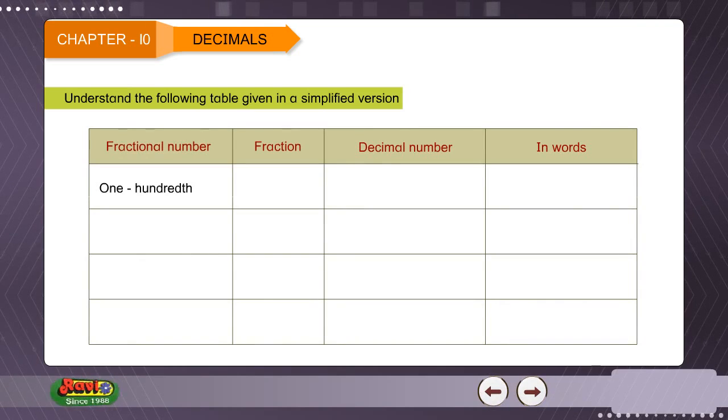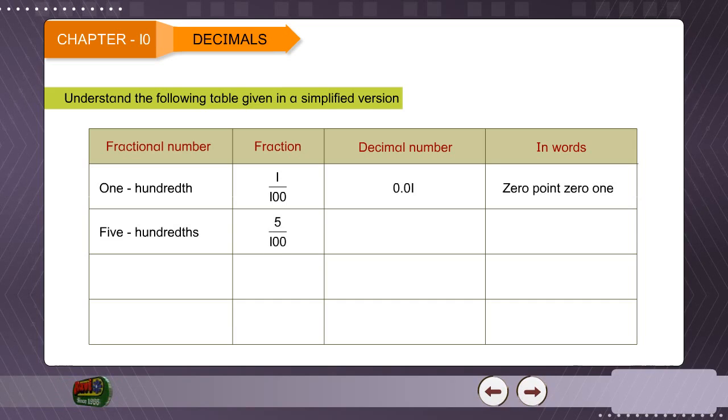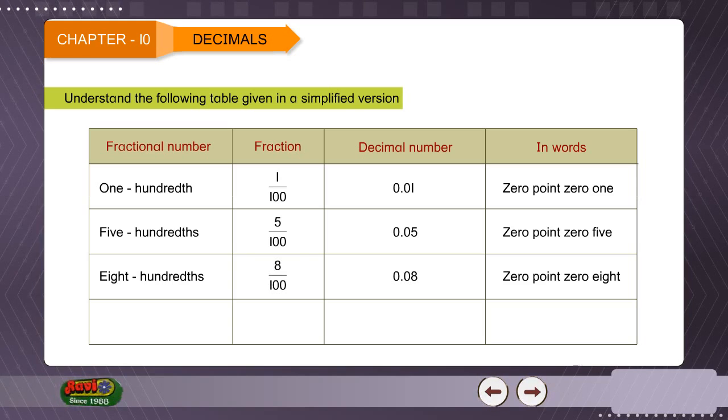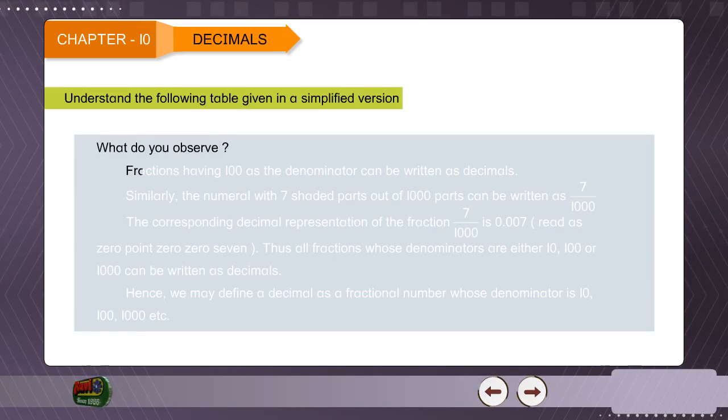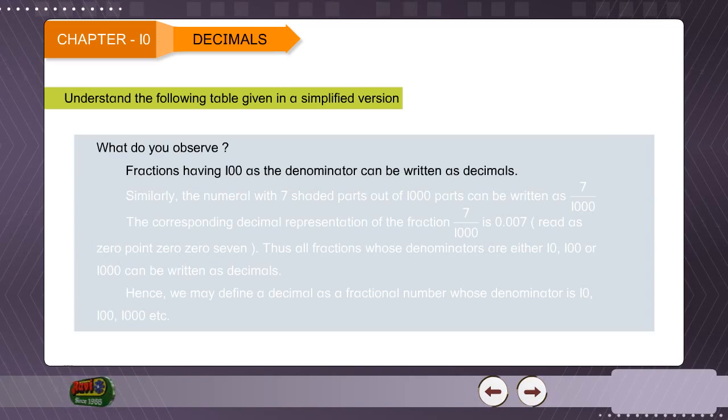In words, 100th, 1 by 100, 0.01. 500ths, 5 by 100, 0.05. 800ths, 8 by 100, 0.08. 1400ths, 14 by 100, 0.14. What do you observe? Fractions having 100 as the denominator can be written as decimals.